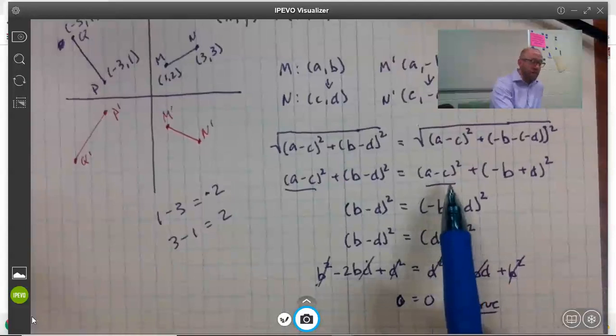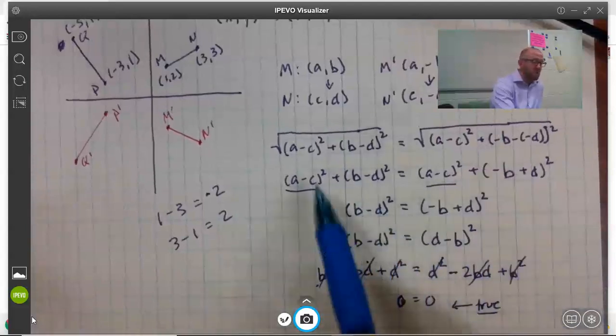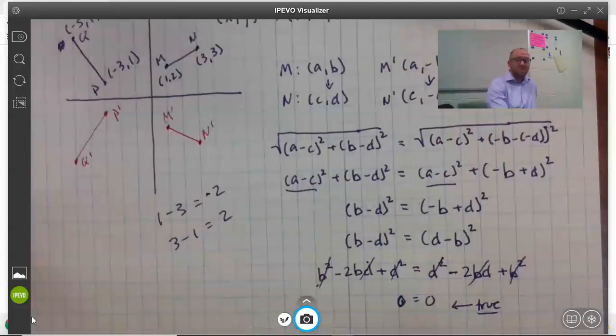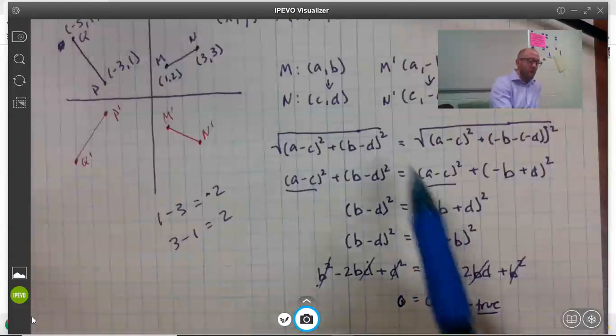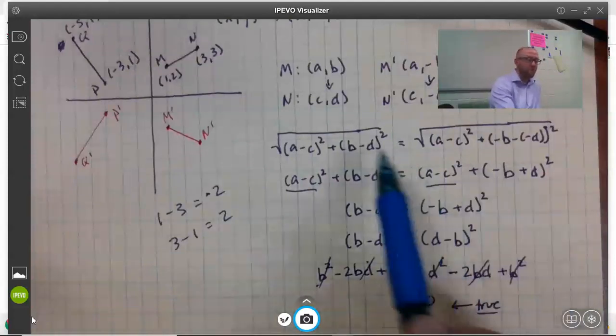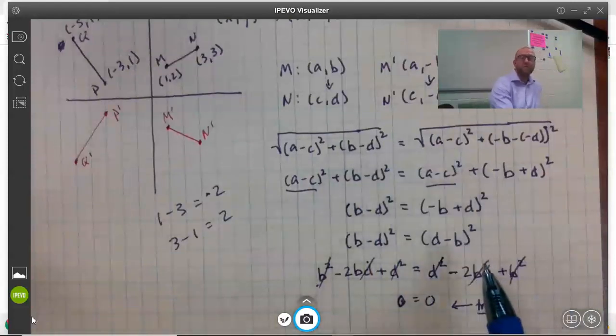I can add in the square of A minus C on each side, still true. And I can take the square root of both sides, still true. So if this is true and we followed all the rules of algebra for equations, then our original statement must also be true, which means that the distance between these two points is in fact the same.